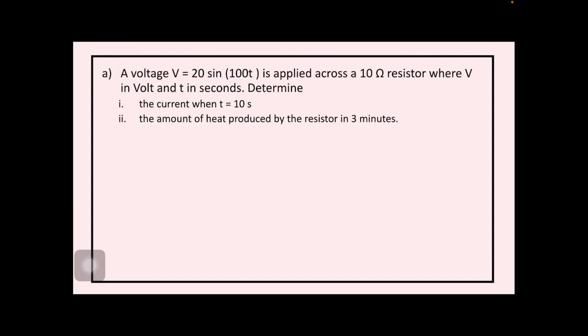So when we have T equals to 10 seconds, we need to use the equation I equals to I naught sine omega T. So we need to find I at T equals to 10 seconds.